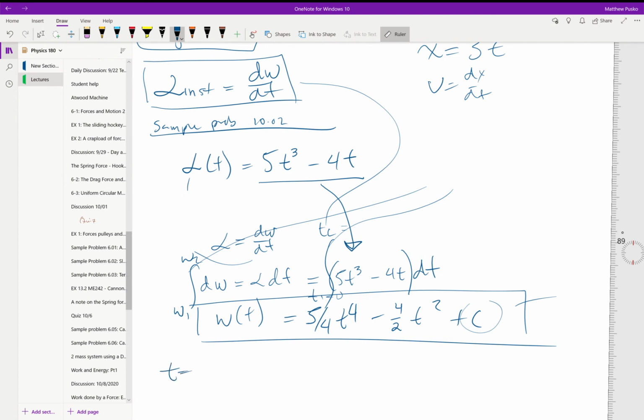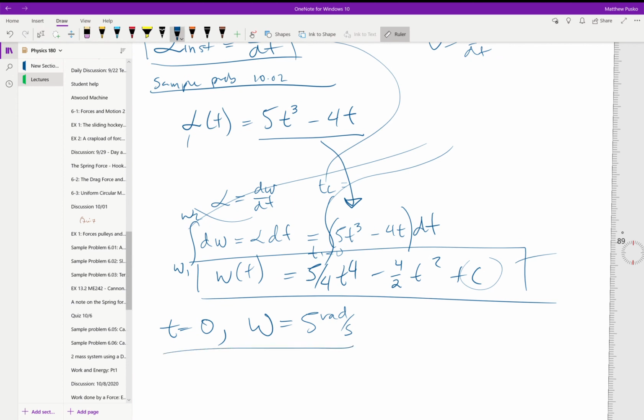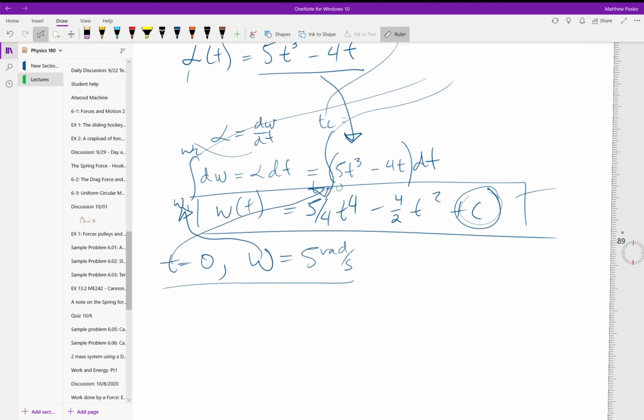Let's give it some initial conditions, make it an actual problem. Let's say at time t equal to 0, the angular velocity omega is equal to 5 radians per second. With this information, we can find omega at any time t. You could put omega and t in the integration limits, and we don't have to worry about the constant of integration, or you can just substitute them into this equation.